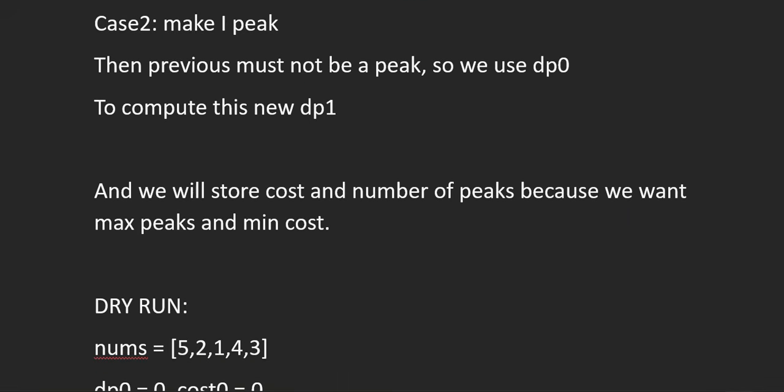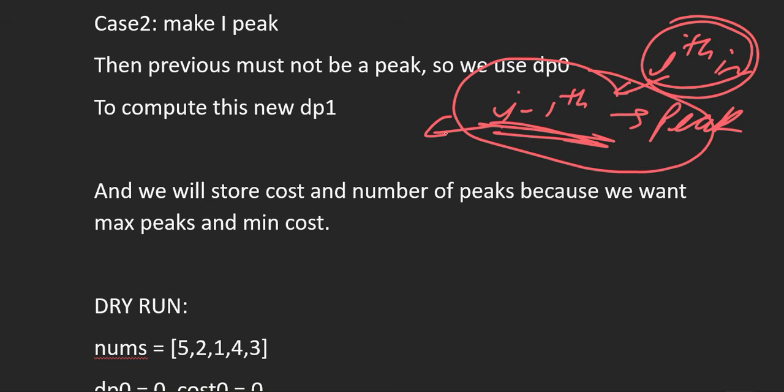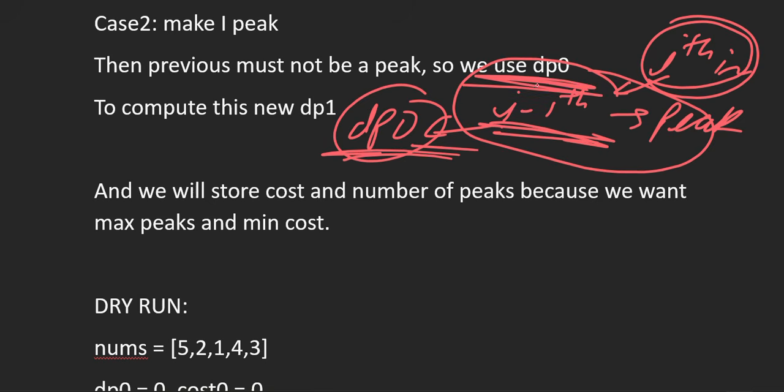Then case 2 is to make the ith index a peak. If you are making the ith index a peak, then the I minus 1th index should not be a peak, right? So which state will give us this? DP0 will give us this value, so we use DP0 to compute our new state DP1 for the ith index.